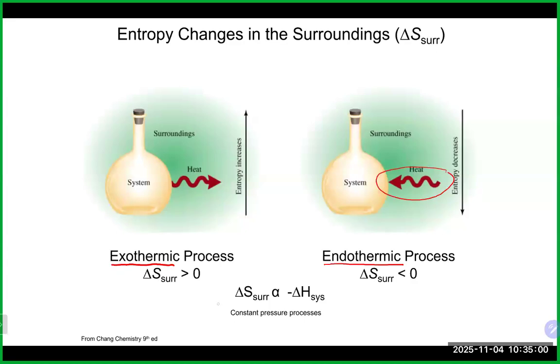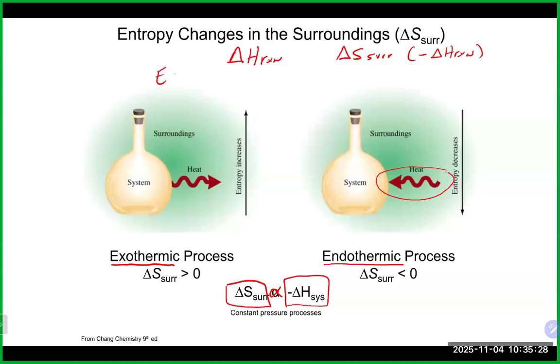Basically, the delta S of the surroundings is proportional, that's what that little symbol is supposed to be, to negative delta H of the system. So if we map that out here, our delta H of the reaction and our delta S of our surroundings, which is negative delta H of the reaction, basically.